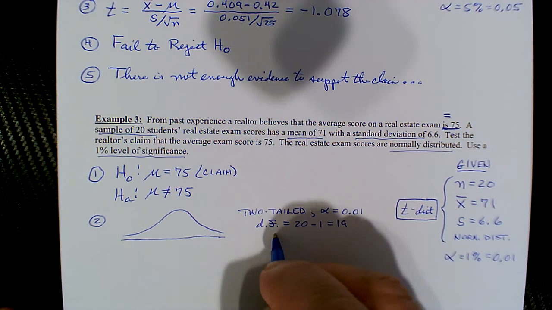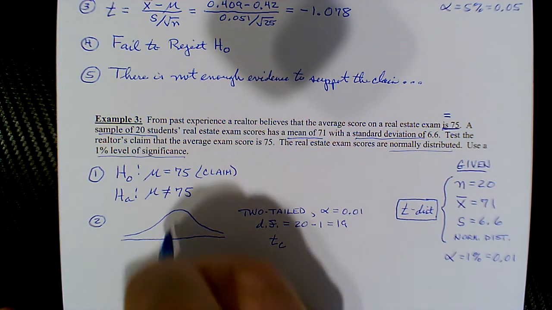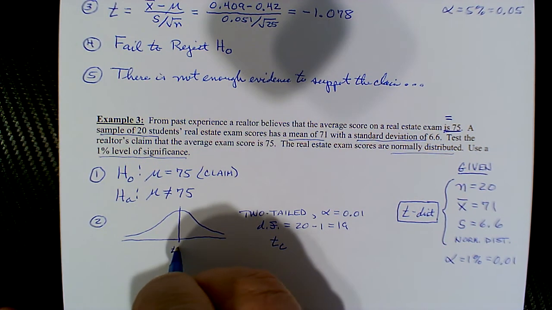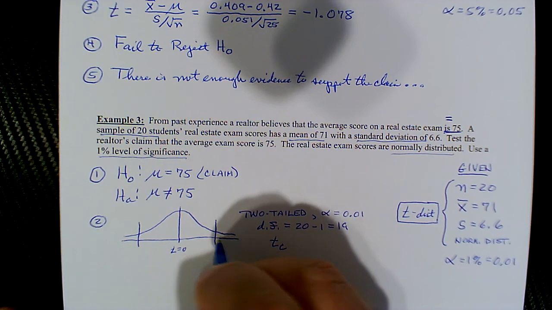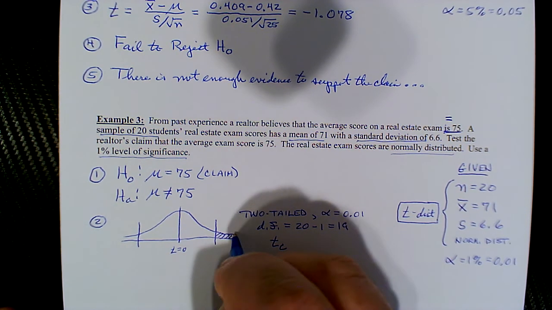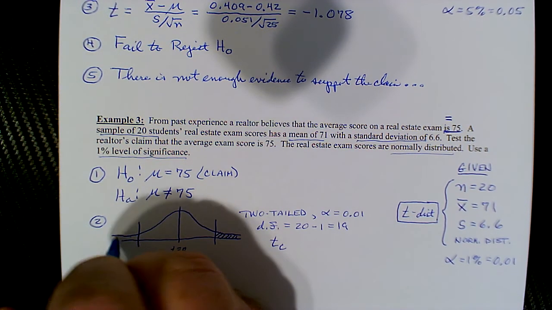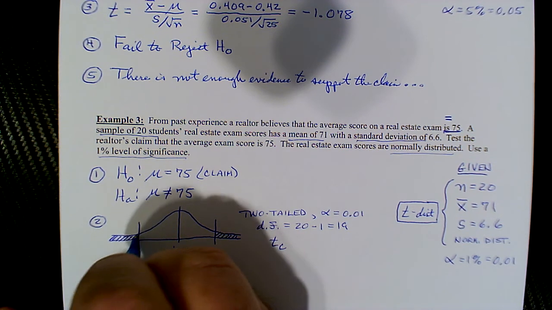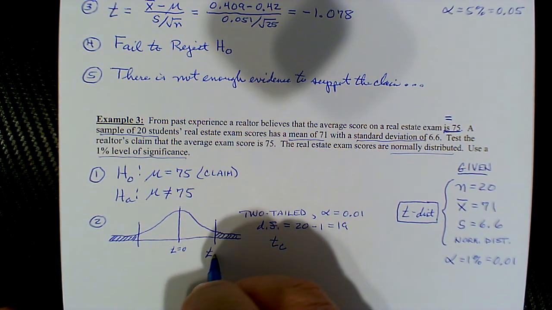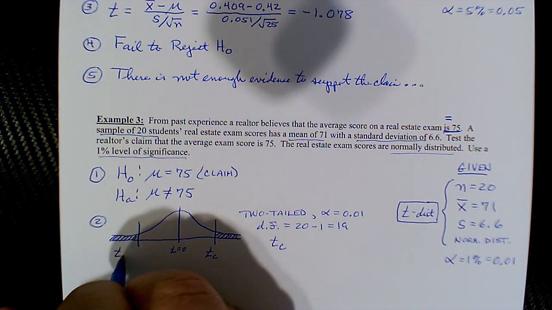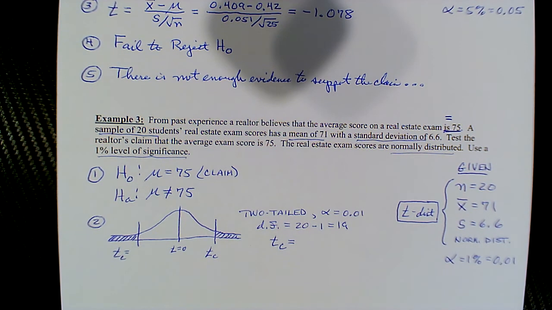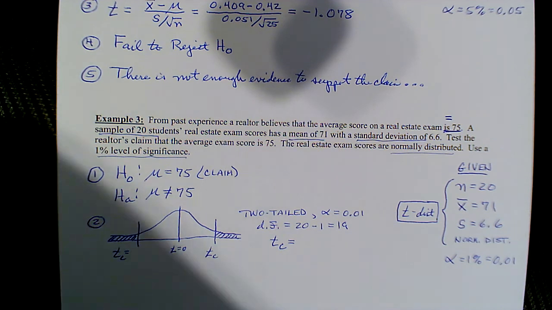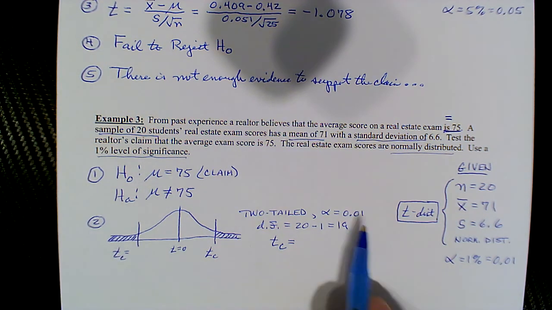So we want our critical values. You can put the t equaling 0 down the middle. You've got two tails this time, and the rejection regions are the two tails. So we've got a positive t sub c here, and a negative t sub c here. And that t sub c comes from table 5. At this point, you should be comfortable using it. I'll show it one more time. 0.01, two tails.